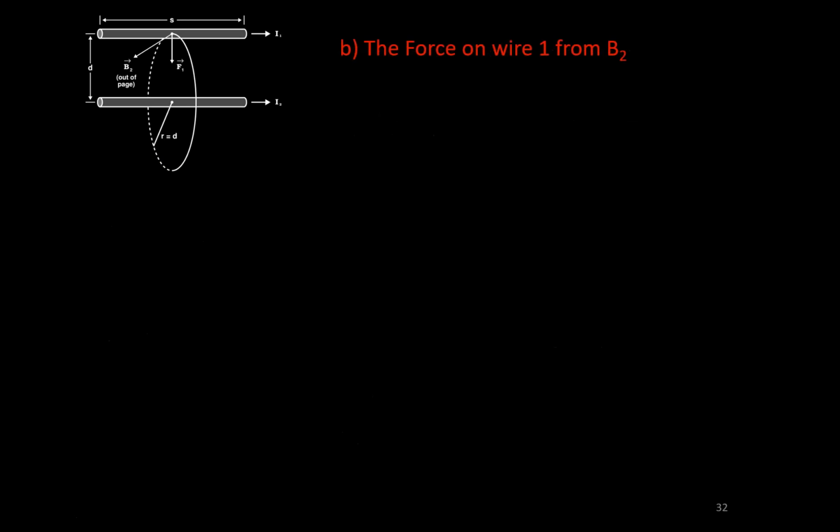Now the force on wire 1 from B2 is where we have to refer to another formula. So F1 now is equal to BIL, or B2 times I1L. And that essentially is B2 times I1 times the distance S here.